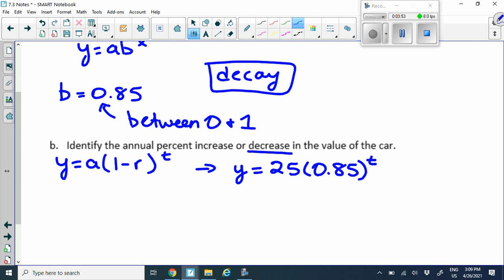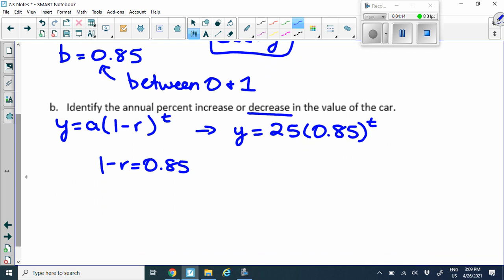So with the 1 minus r, we can set that equal to 0.85 and figure out what the r value is, okay? So I'm going to do 1 minus r, or some of you might say, I know how to do this in my head, which is fine, because you can also think, 1 minus what will give us 0.85. That's another way of thinking about it, okay? So you can do this algebraically or just do it in your head.